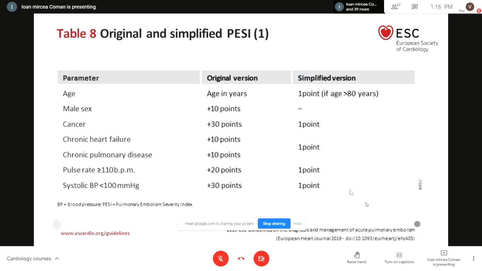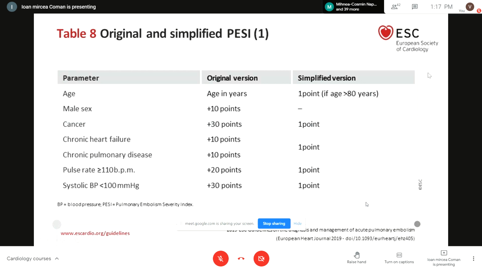Now, the severity index we were speaking about in the slide before comes from this PESI scheme you can see here. PESI comes from pulmonary embolism severity index, and the severity index is linked to age.